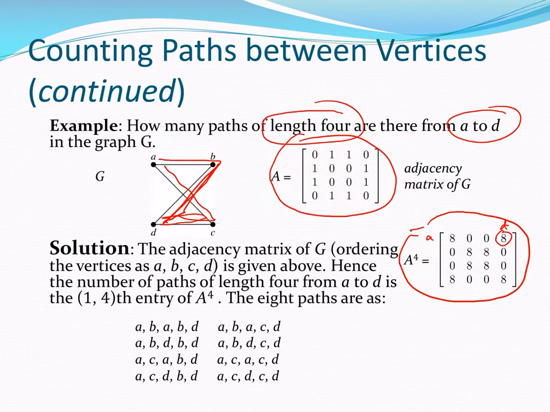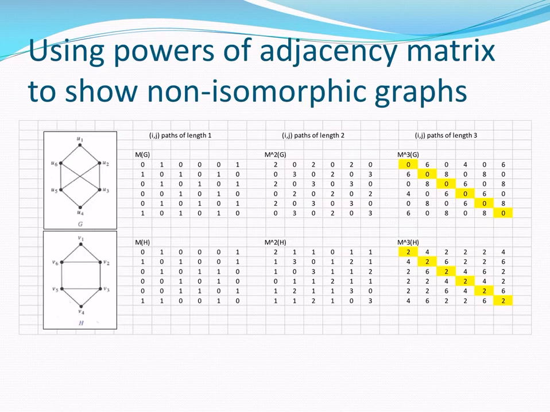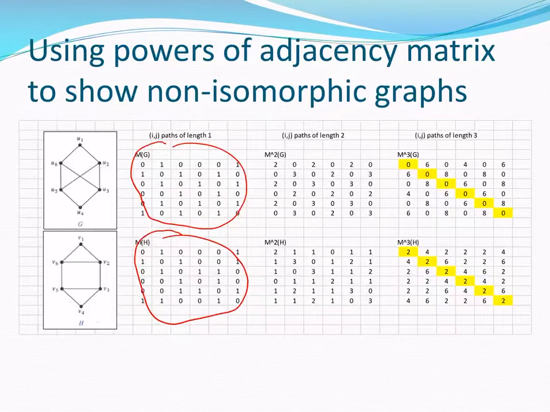Another application of this is to graph isomorphisms. Let's go back to our two graphs, one with a circuit of length 3, one that we said did not have one. Well, some graphs are very complicated. What if it's hard to tell if it has a circuit of a certain length? We can just take its adjacency matrix and raise it to a power. If we're looking at the adjacency matrices of G and H, it's hard to tell from that they're not isomorphic.